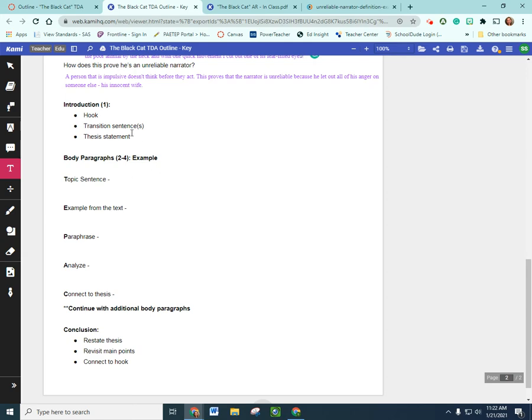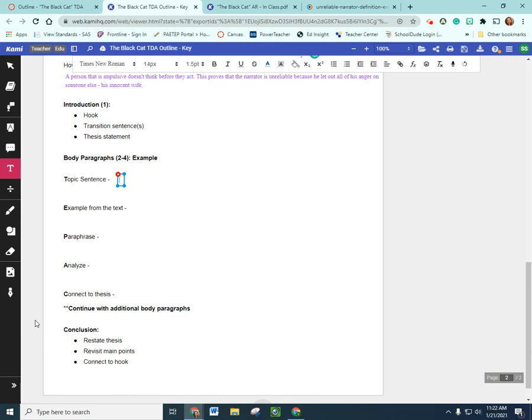With the topic sentence, you're introducing what that paragraph is going to be about. You're not saying, this body paragraph is about violence. No. You would start it with, violence is another way that our narrator is unreliable, or violence is perpetuated throughout the story and makes our narrator unreliable.